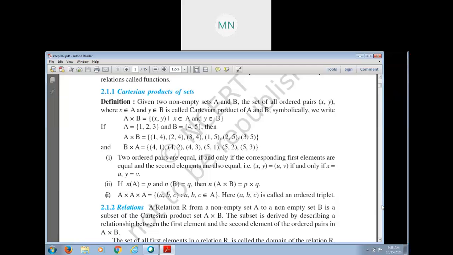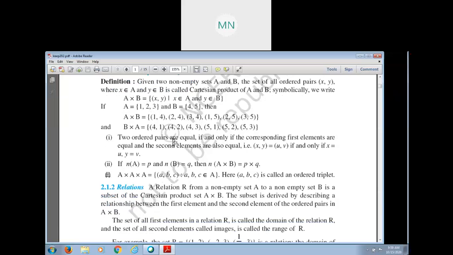In the Cartesian product we collect all the ordered pairs of A and B. Suppose we collect some particular ordered pairs from A cross B which are related to each other. Then this collection is called a relation. In a relation we collect some particular type of ordered pairs from A cross B which are related to each other, so a relation is a subset of the Cartesian product.